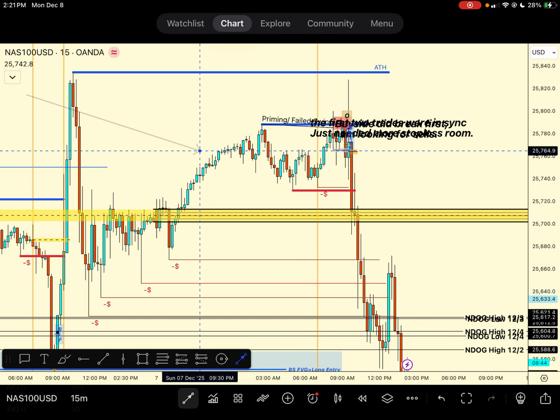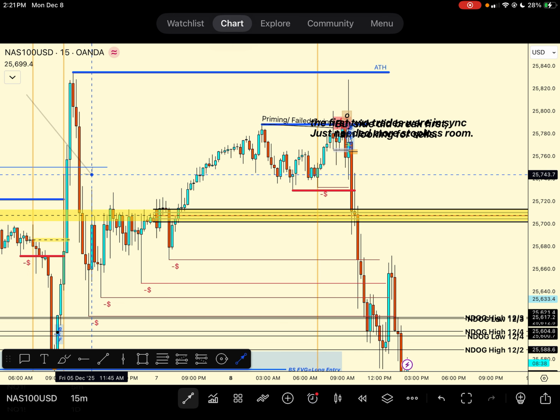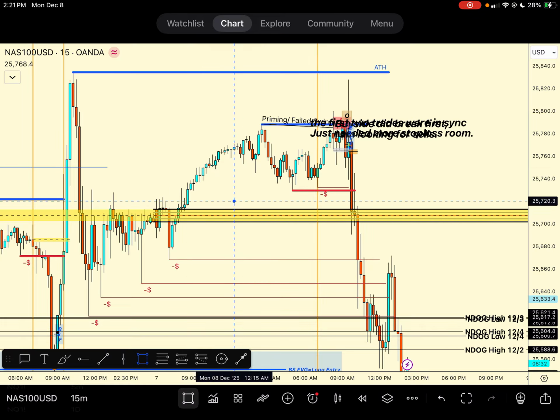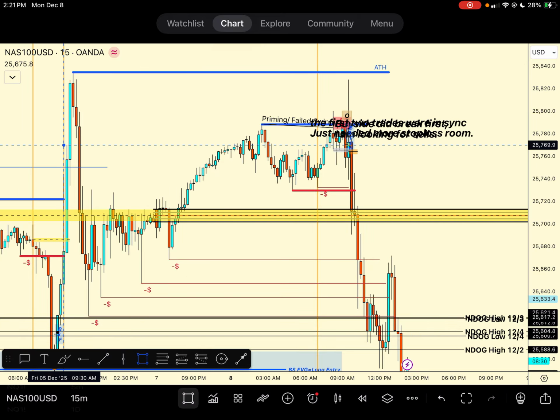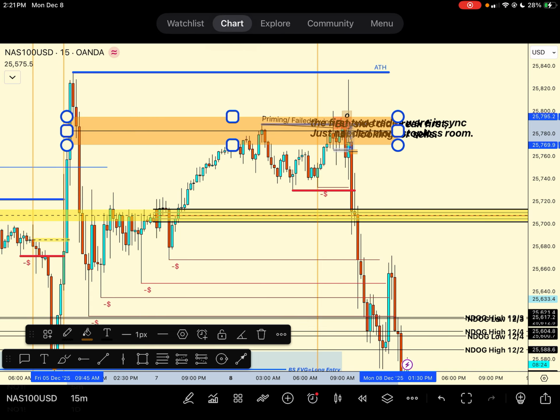We also have an inversion fair value gap right here, and we also have a bearish fair value gap here. I can draw that out technically because I just left that there for a mental note, but for the video's sake, we'll put that there, and we'll leave the inverse at least.